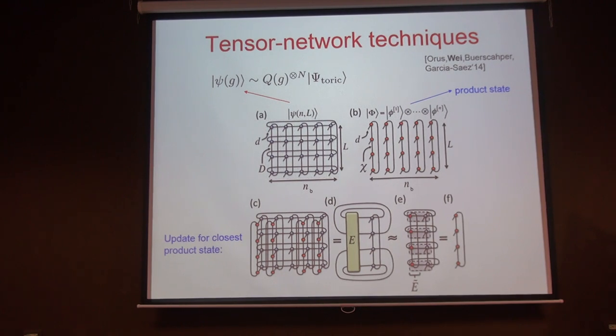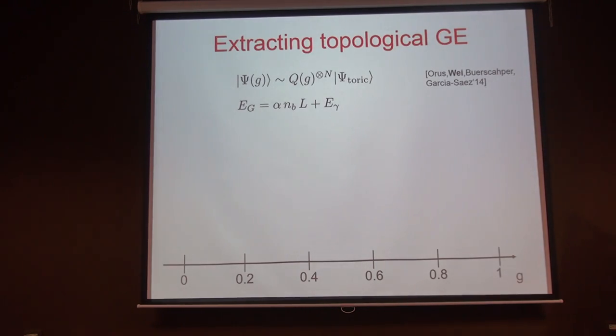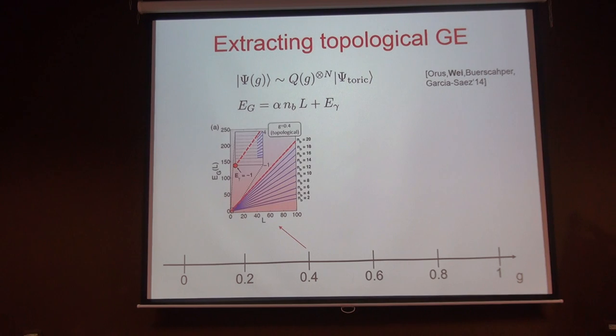Okay, so let me show you the result. Imagine we're sitting at g equal to 0.0. When g equals 0, this is the toric code. Now this is sitting at g equal to 0.4. What we did here is plot geometric entanglement as a function of the linear size and the number of blocks.